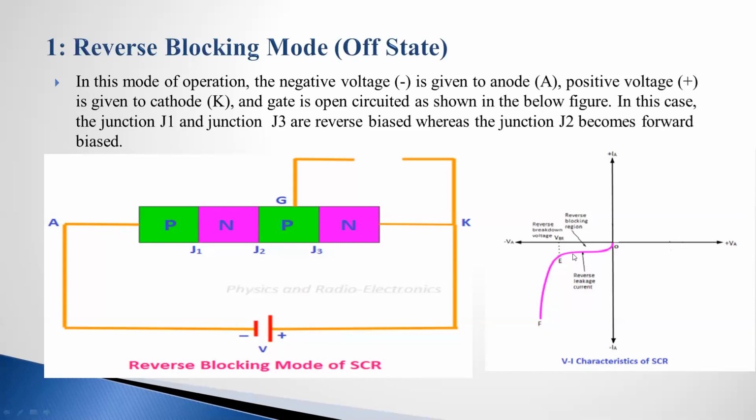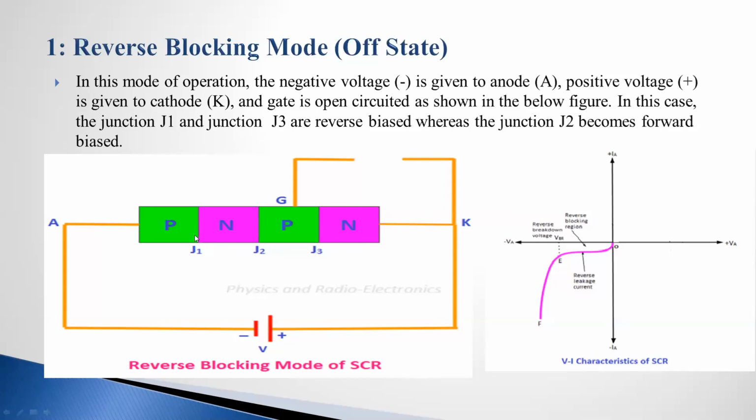This is the simple reverse blocking mode of operation, that is the off state. Simply remember, in reverse blocking mode, reverse voltage is applied across the thyristor or SCR and no voltage is applied to the gate circuit. Due to this condition, junctions J1 and J3 are reverse biased and junction J2 is forward biased.